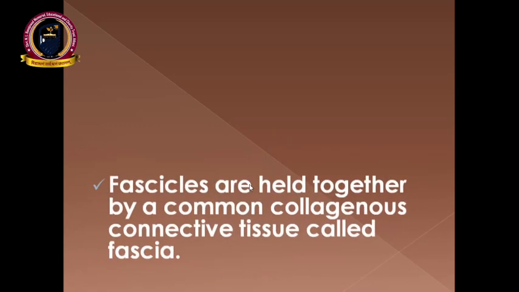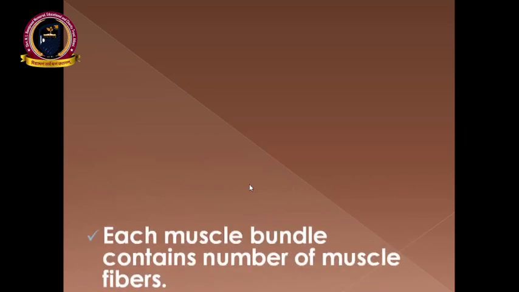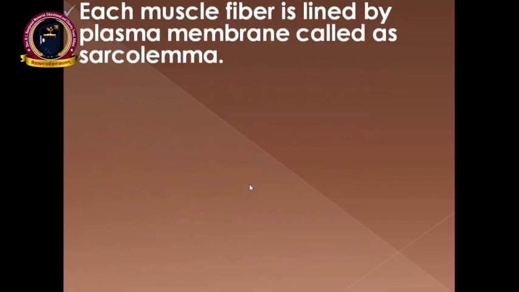Fascicles are held together by a common collagenous connective tissue called fascia. We have seen that in the diagram. Each muscle bundle contains a number of muscle fibers, and each muscle fiber is lined by plasma membrane called sarcolemma.